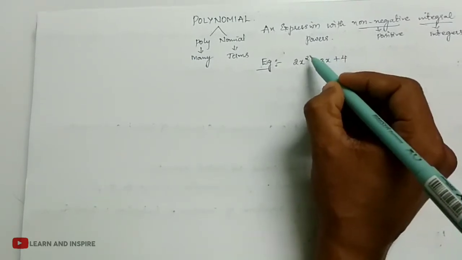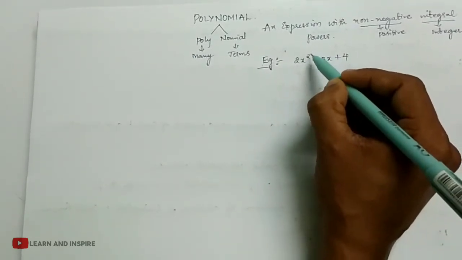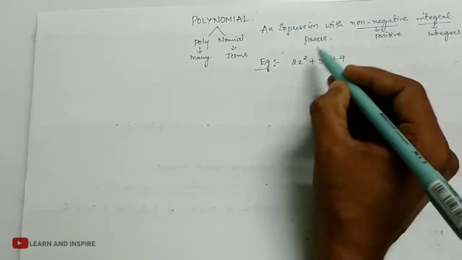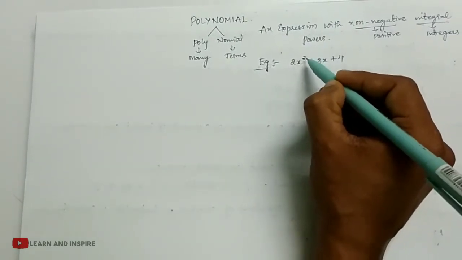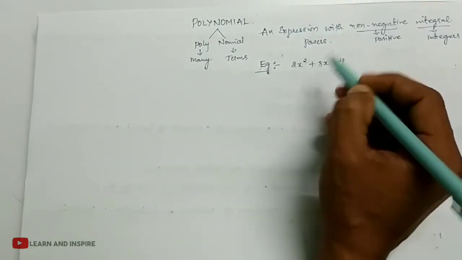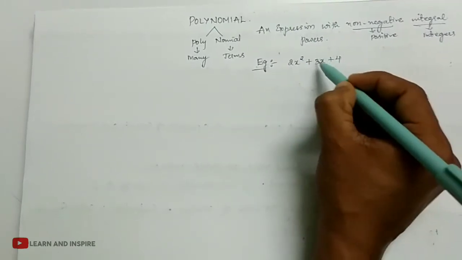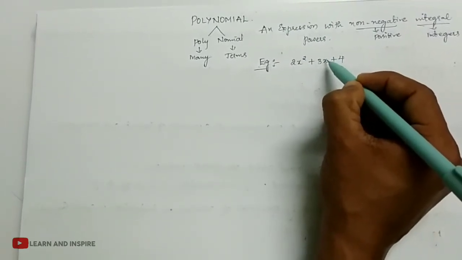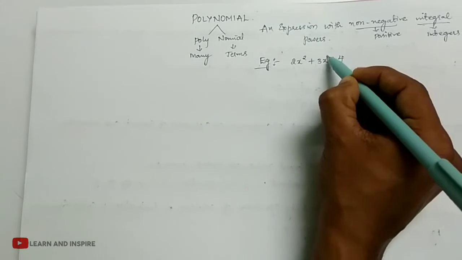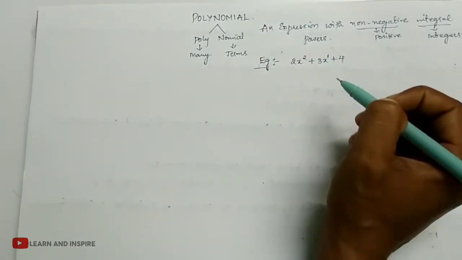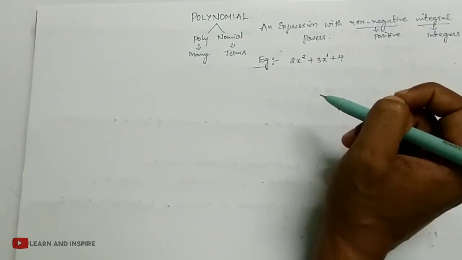Now you can see the exponents or powers. In the first term, the power is 2, which is a positive integer. In the second term, there is a variable x and no written power, so we consider it as 1. 1 is a positive integer.